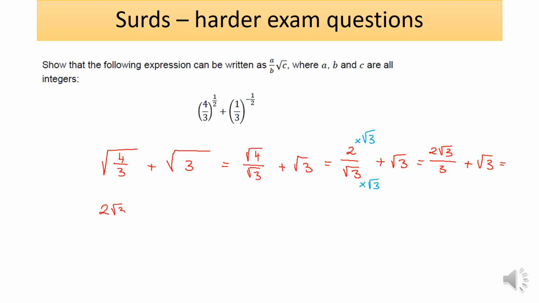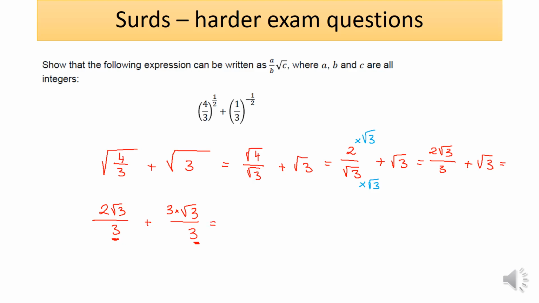So I can write square root of 3 over 3, because I need the same denominators, but then I have to times the numerator by 3 just to make sure I don't change the value, because if I now cancel 3 and 3, I'm still going to get square root of 3.